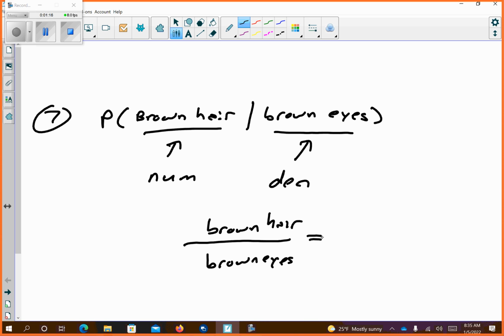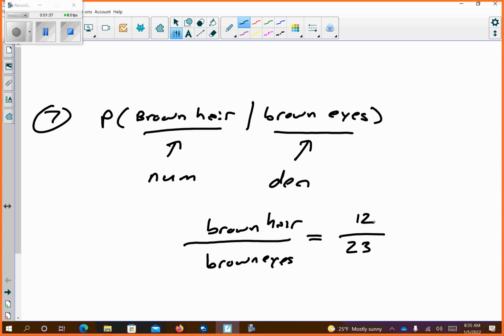If I look at eye color, there's 23 people with brown eyes. If I want to know the brown hair, I look in that same column. There's 12 of them, so 12 out of 23.